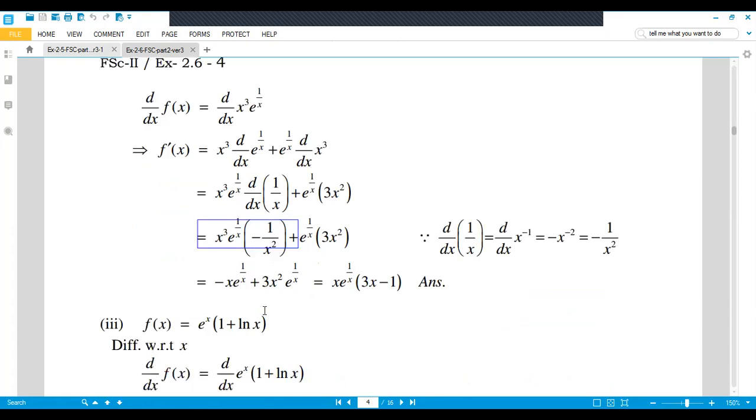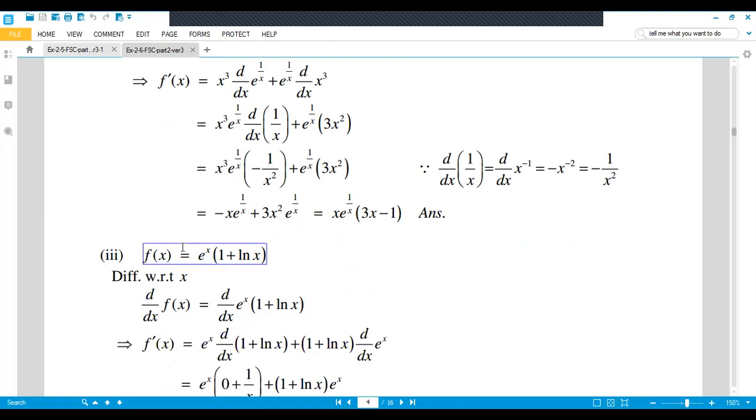Now this x square and x cube cancel with each other, so we get just x here. So minus x e power 1 over x plus 3x square e power 1 over x. If you check, x e power 1 over x is common in both, so we take it common, and we get 3x minus 1.